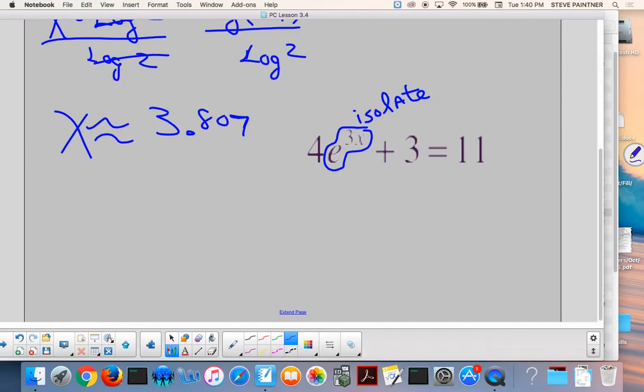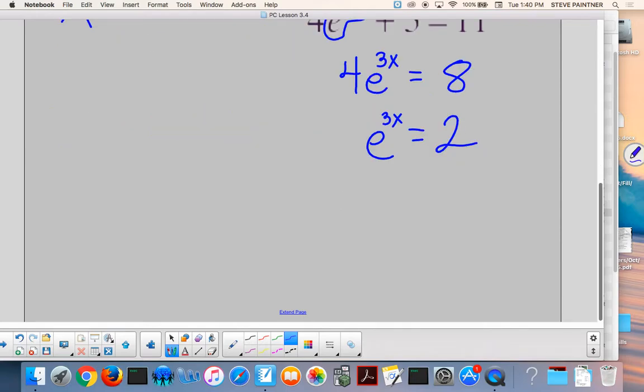Start by getting your base all by itself. What's next? Divide by 4. E to the 3x equals 2. Okay, now I've got my base all by itself.